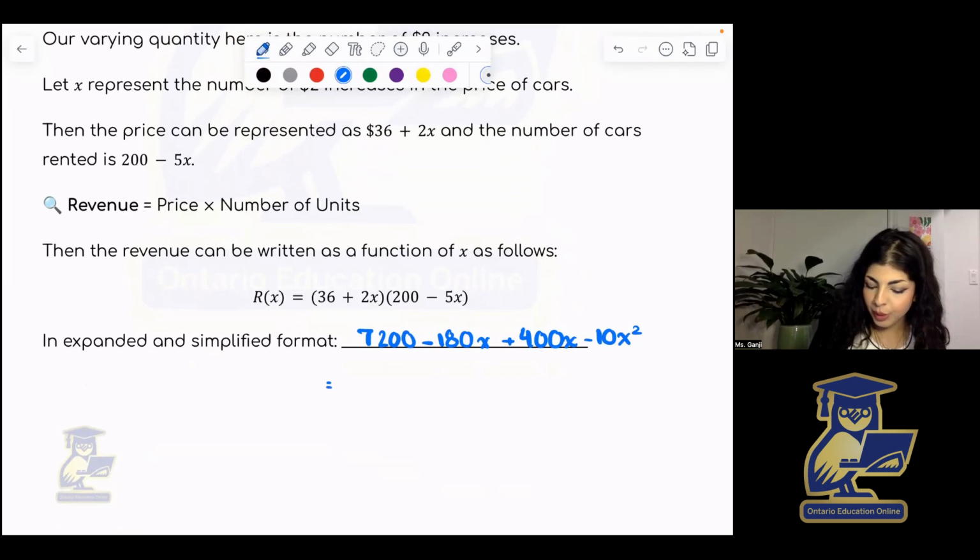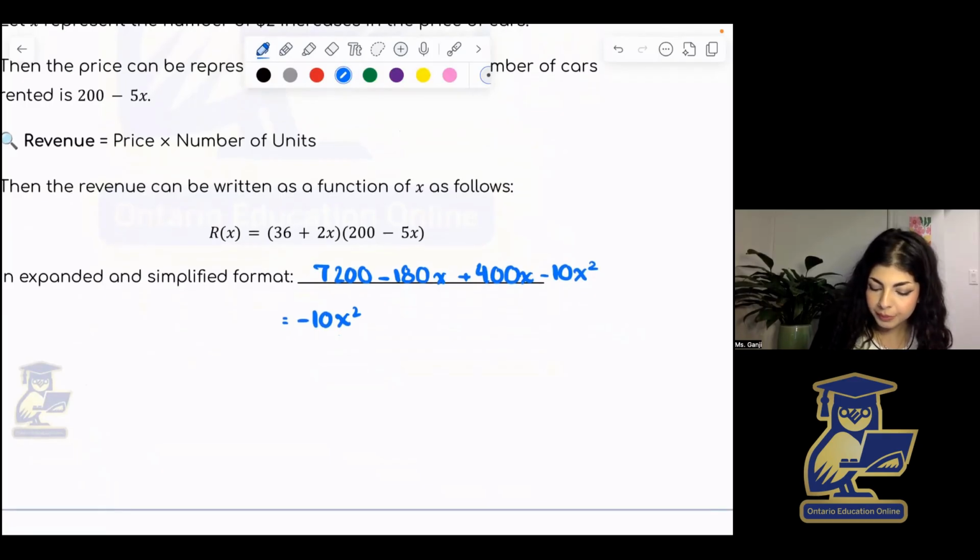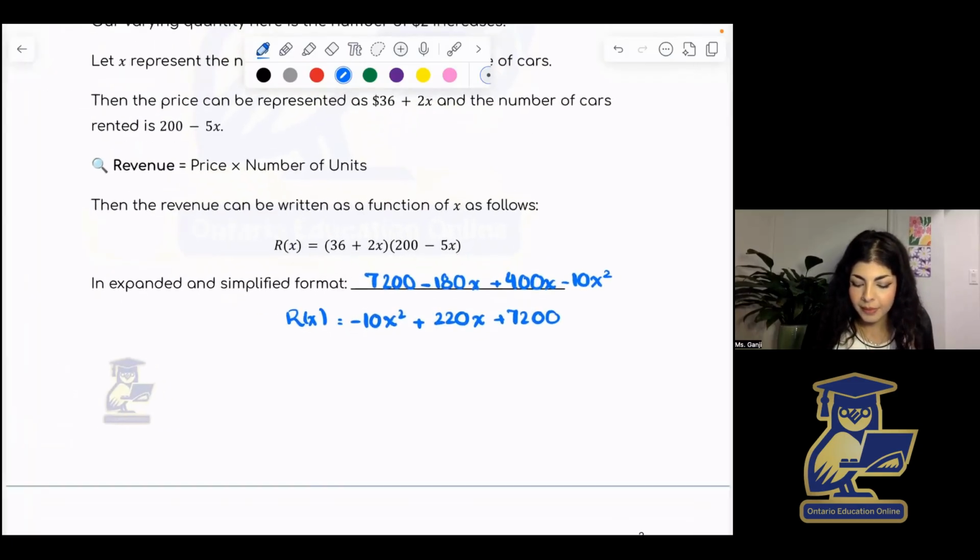And then I will just rewrite this, and I always write my highest degree first. And then we have 220x plus 7,200. There we go.